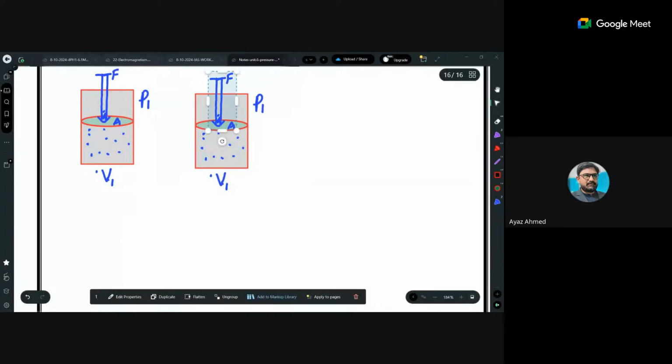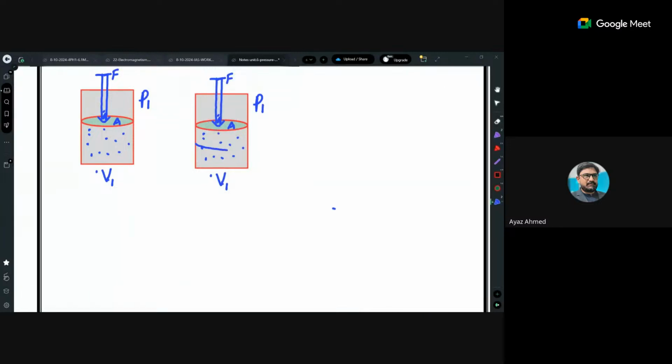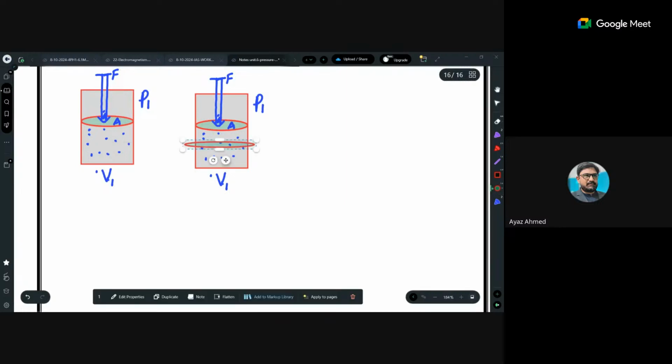So when you increase the pressure, what about the volume? Will that gas be compressed or not? Yes, sir, it will be. Let's say this is the new position of the piston. What will happen at this new position? The volume will be less and the pressure will be more.